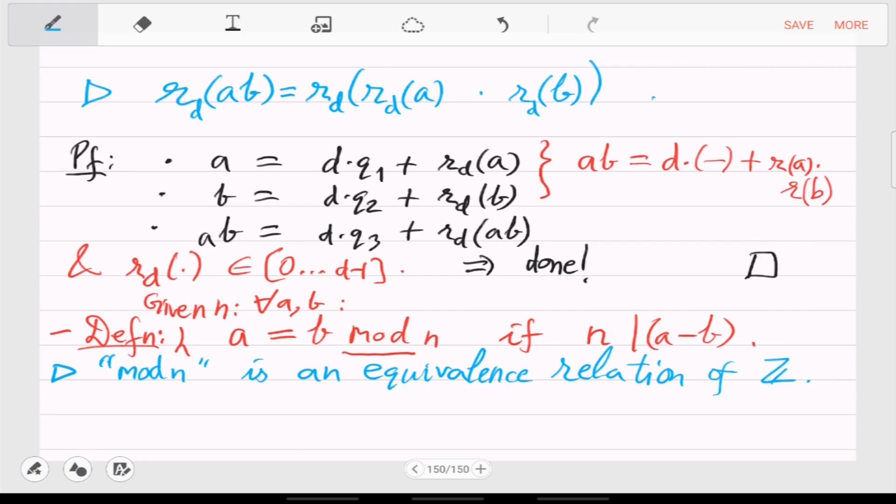Right? If A, B have the same remainder, and B, C have the same remainder, then A, C have, of course, the same remainder. So because of that, this can be thought of as a new equality. But the equality will depend on the number n that you fix. Right? So there are now many ways to define equality on integers. Infinitely many ways.